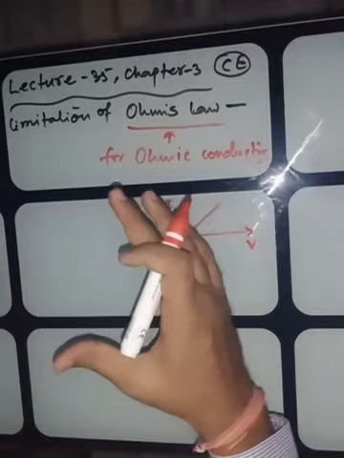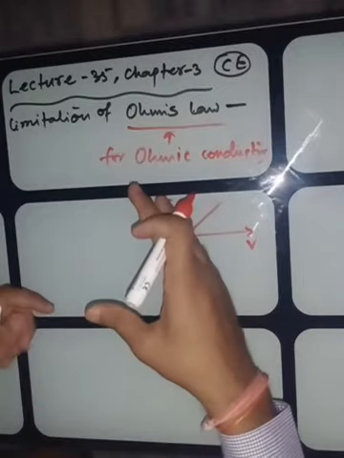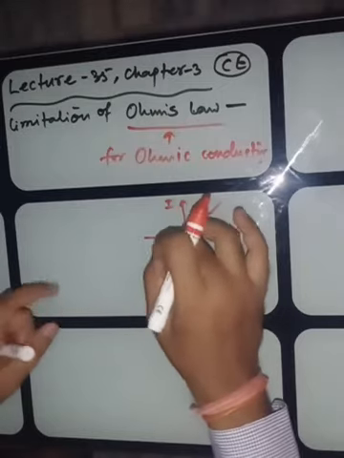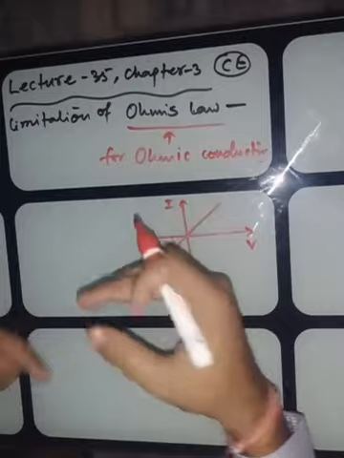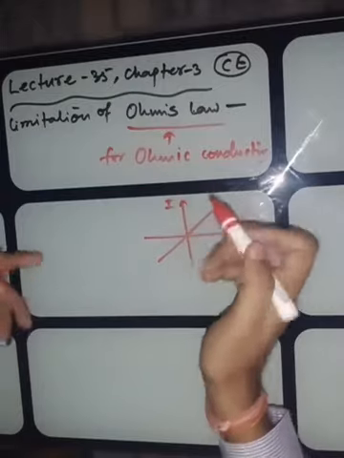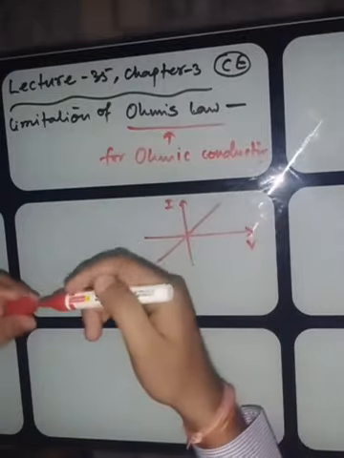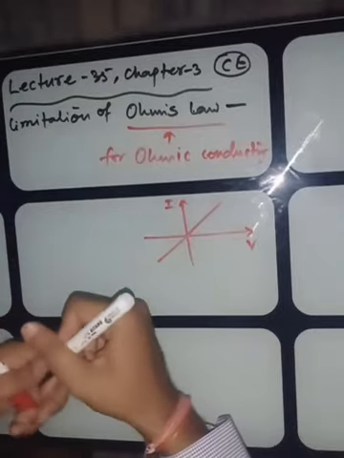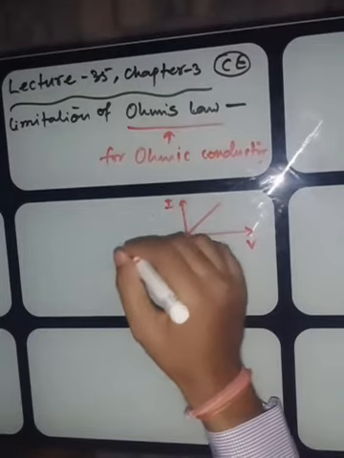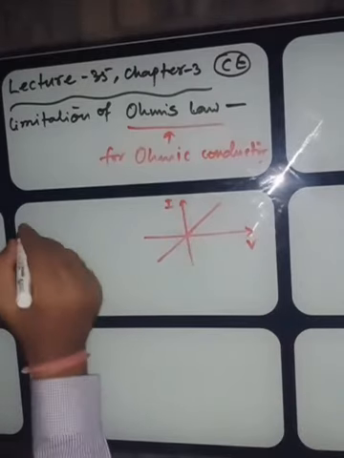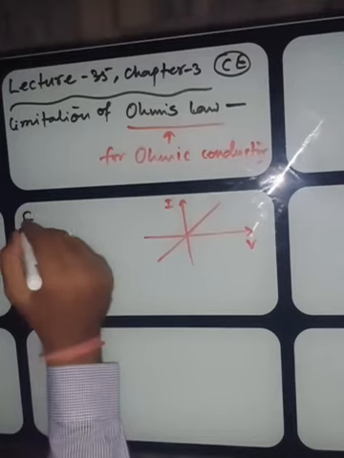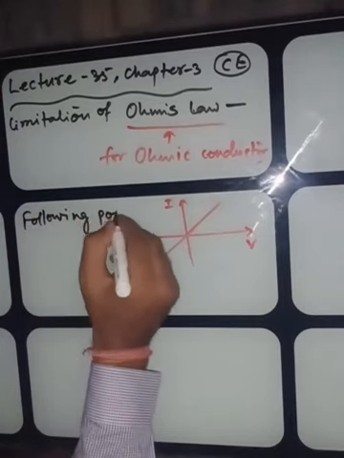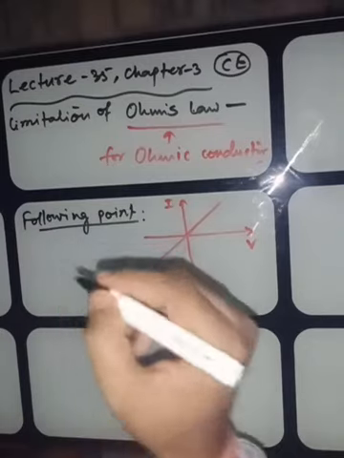But in all non-ohmic conductors, the non-ohmic circuits, you can consider a few points that will be considered the limitations. Okay, so the following points come into notice, you have to bear them in mind. The following points will tell you about the limitations of Ohm's law.